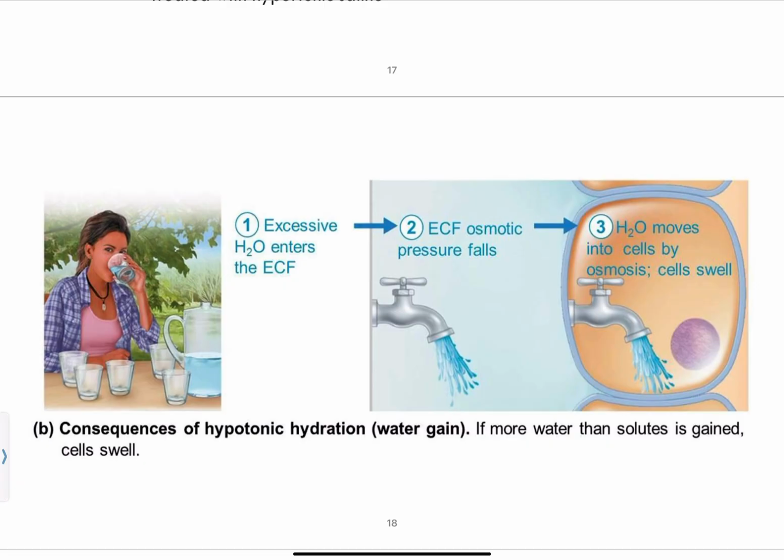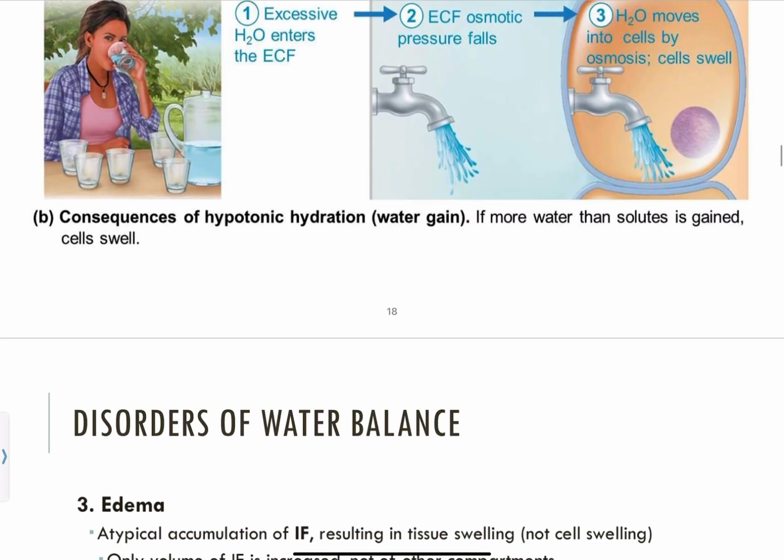What that's going to cause is water to move to the inside of the cell, which would have a higher solute concentration, and it's going to cause our cells to swell. And they can actually burst if they swell too large. Plants have something to combat this. It's called a cell wall, but we don't have the cell wall, so they can actually lyse our cells if we have too much water entry into them.